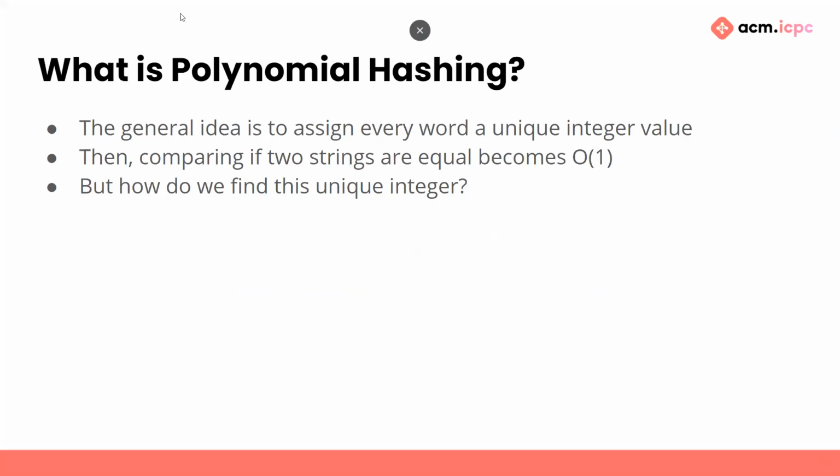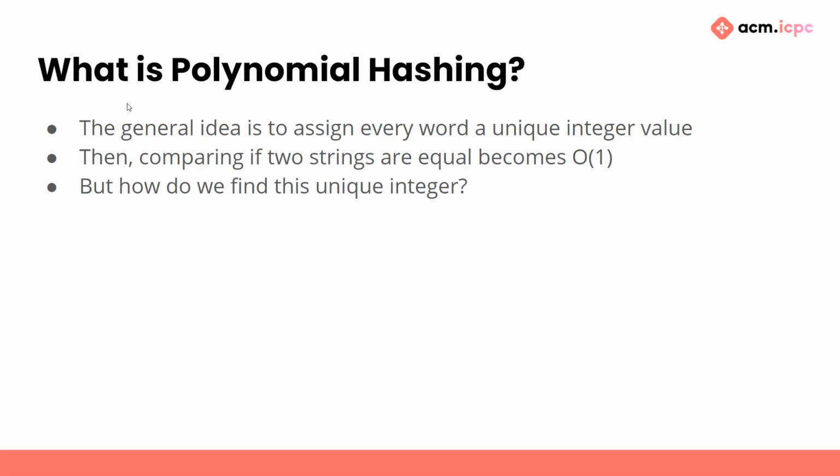So the first topic I'll be talking about today is polynomial hashing. So what is polynomial hashing? Well, the general idea is that we want to hash a string, and for every single string, we want to assign a unique integer value to it.